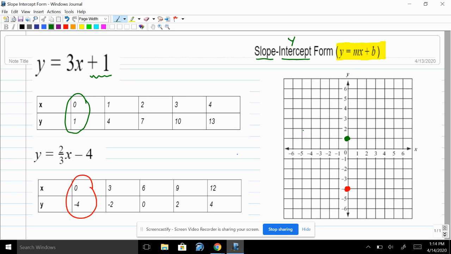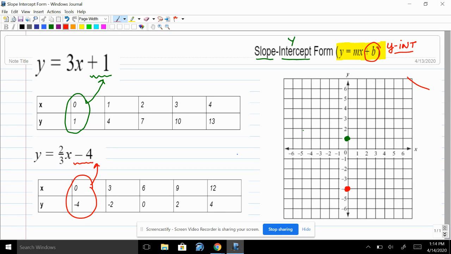We have a 1 right there. Is it a coincidence that the y-intercept is 0, 1? Probably not. We have a -4 right there. Is it a coincidence that the -4 is the y-intercept? Probably not. In fact, it's not. The b value always represents the y-intercept of our equation.